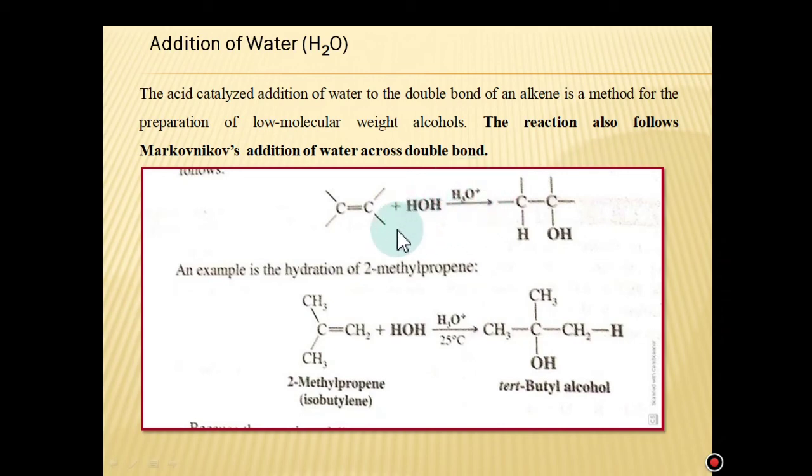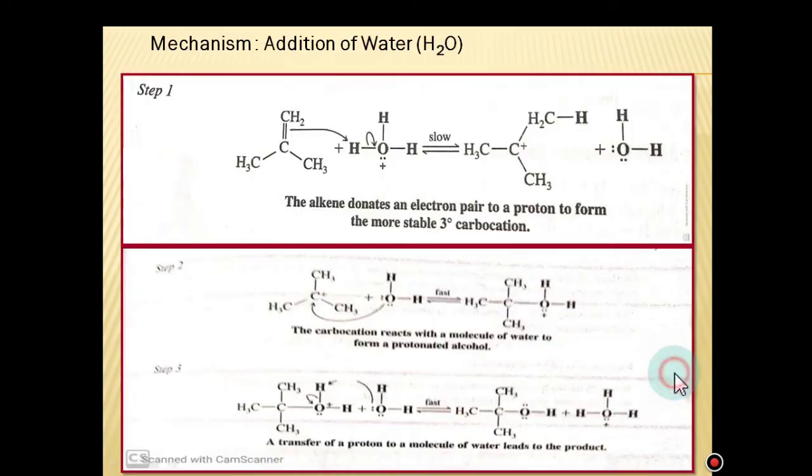This HOH attacks that carbon and the formation of alcohol takes place. For example, in the hydration of 2-methylpropene, HOH attacks and tertiary butyl alcohol is formed. Again the reaction follows Markovnikov rule because the OH of water attacks that carbon while H attacks that carbon.